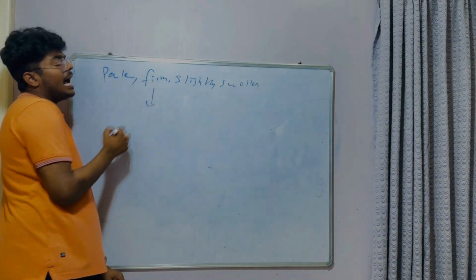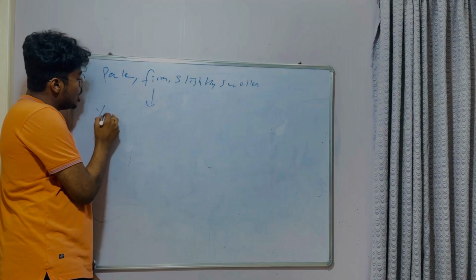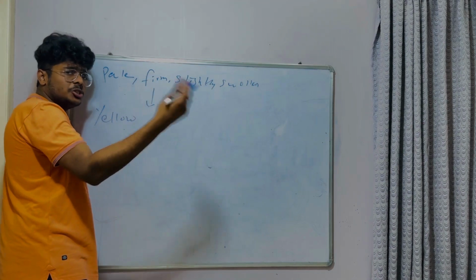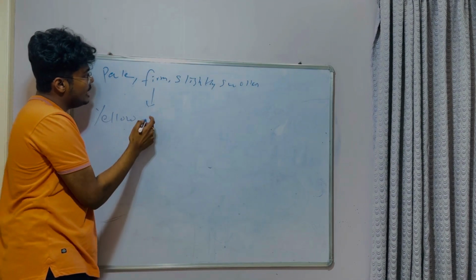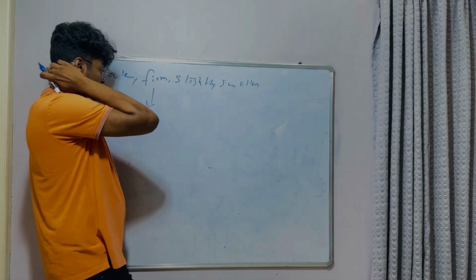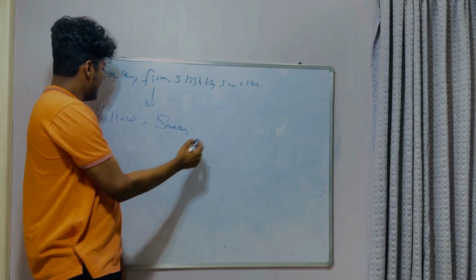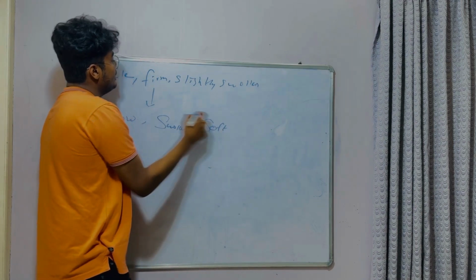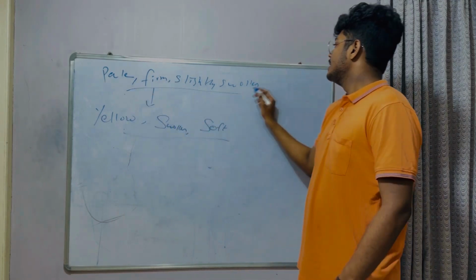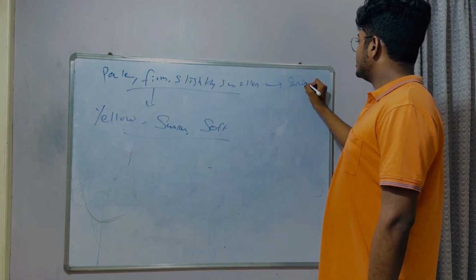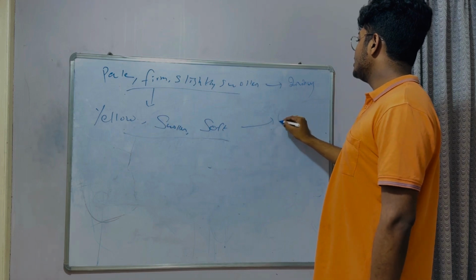But after that, on continuation of this, the part becomes yellowish in color. It becomes very much swollen, and it becomes soft. This is also an important point, both initially and on continuation.